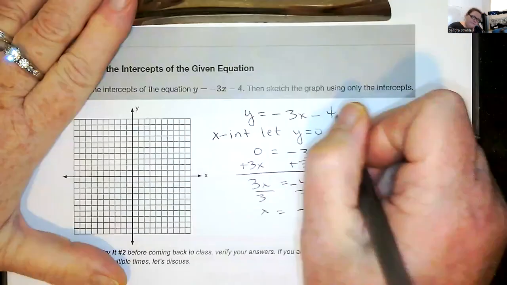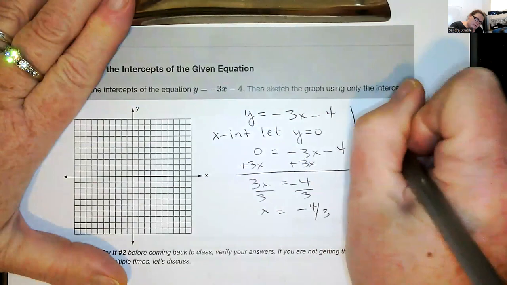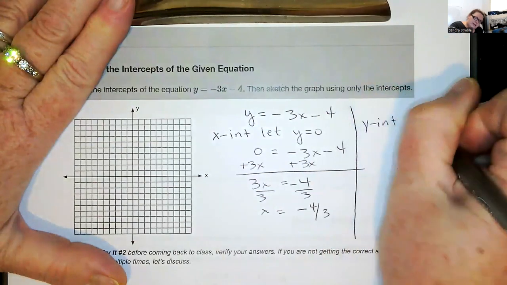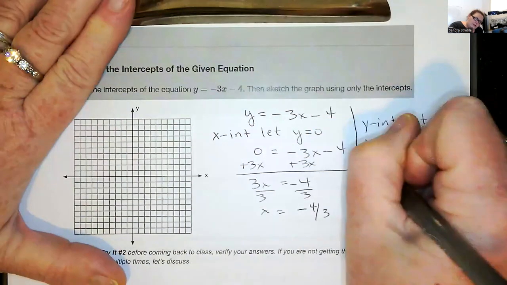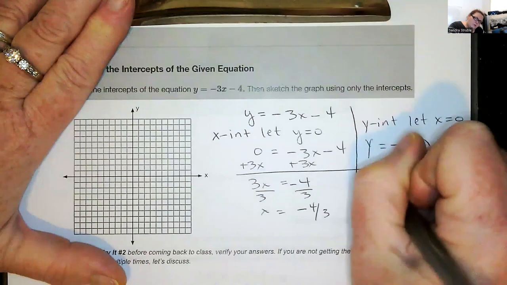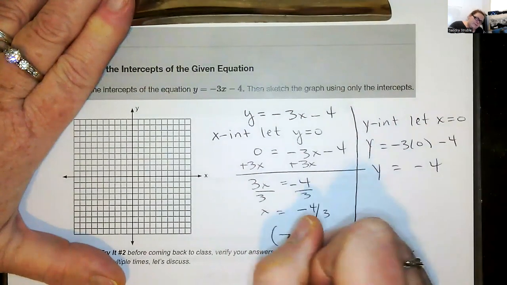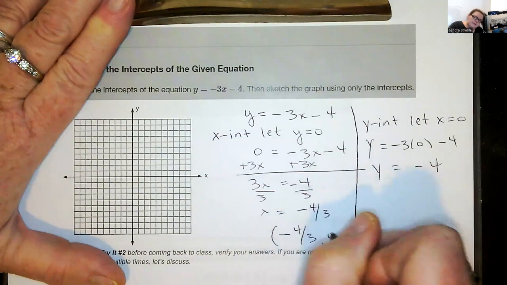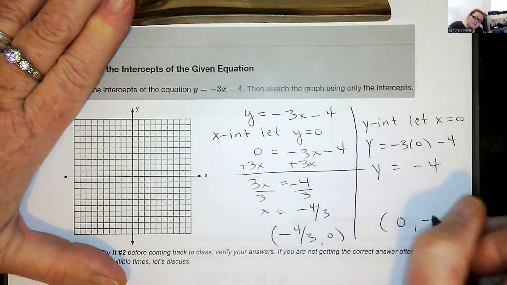Now for the y-intercept, we let x equal 0. So y equals negative 3 times 0 minus 4. So y equals negative 4. In this case, it's negative 4 thirds, 0 is the point we're going to plot. And in the y-intercept's case, it's 0, negative 4.